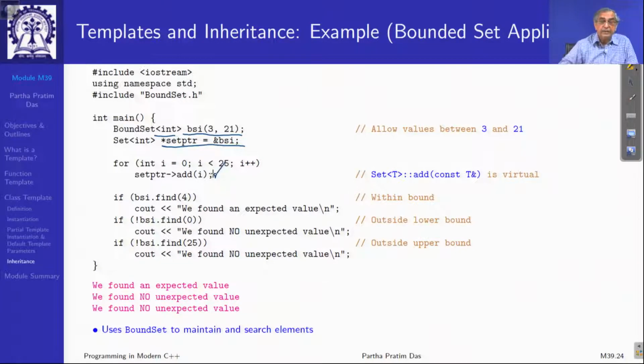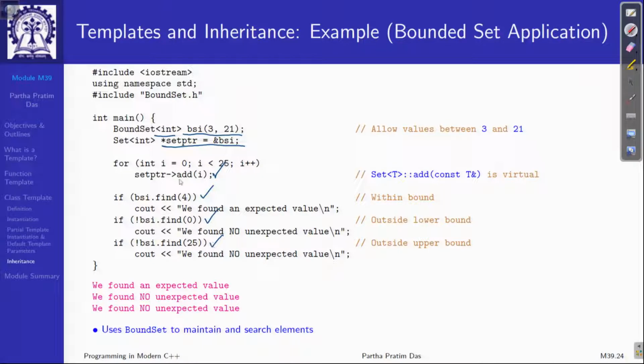Then it adds, since the actual element is a bounded set, which is a specialization. So, this add will call the add of the bounded set, and then I can do find directly to see if an element is within the bound, and then it must be found.